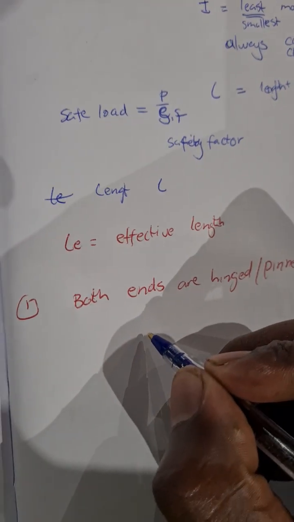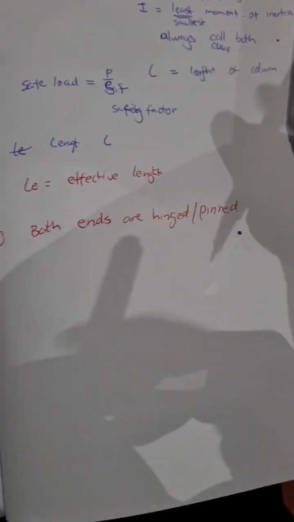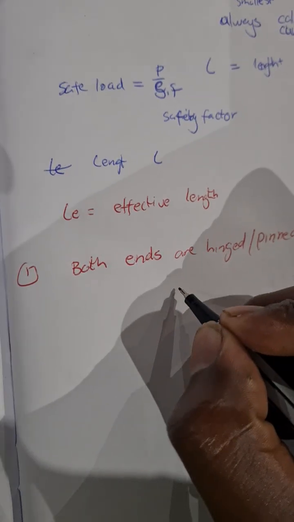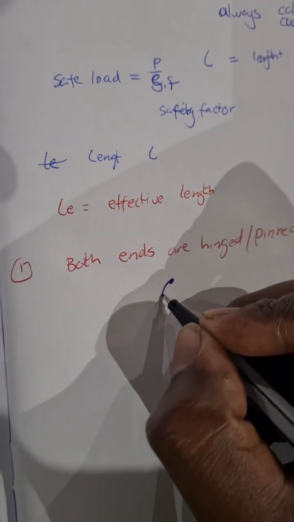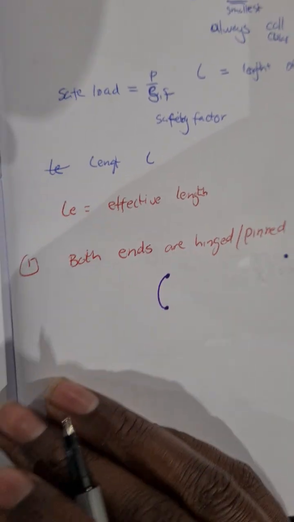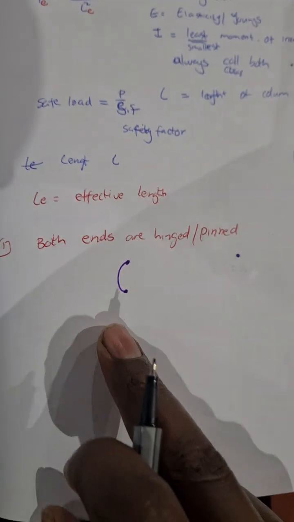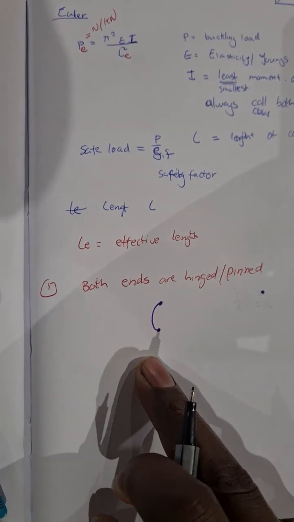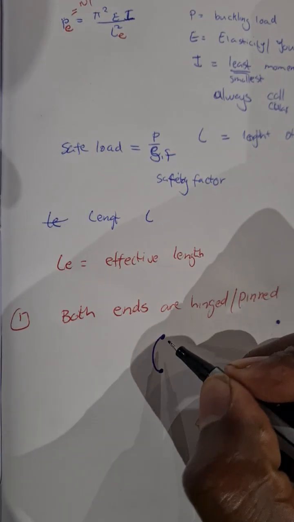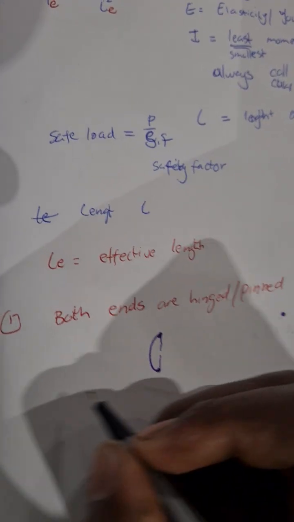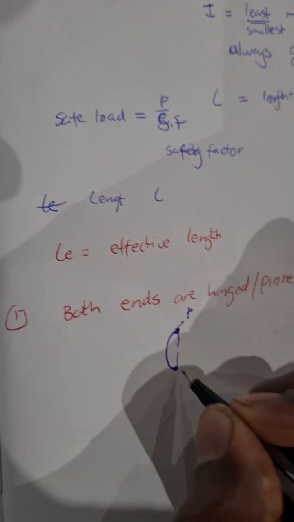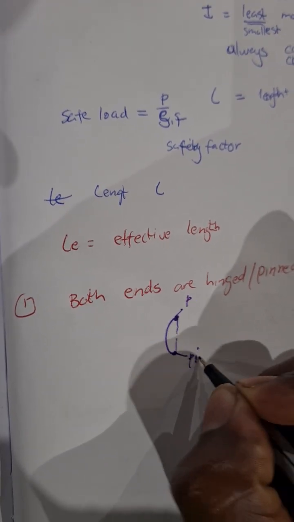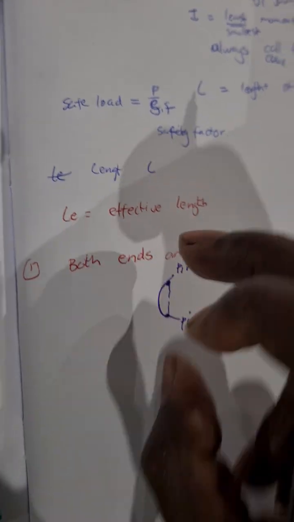We have something like this, both ends hinged or pinned. You bend it, and it's already failed. Remember, when you are using this formula, it's already failed, so it's already bent. This is a pin, and this is a pin. So both ends are pinned.